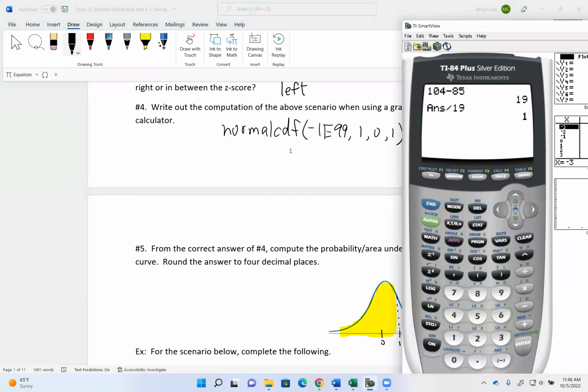So normal CDF, negative 1E99, comma 1, comma 0, comma 1. 0 is the mean, 1 is the standard deviation, and this 1 right here is the upper bound. So the probability to 4 decimal places is 0.8413.